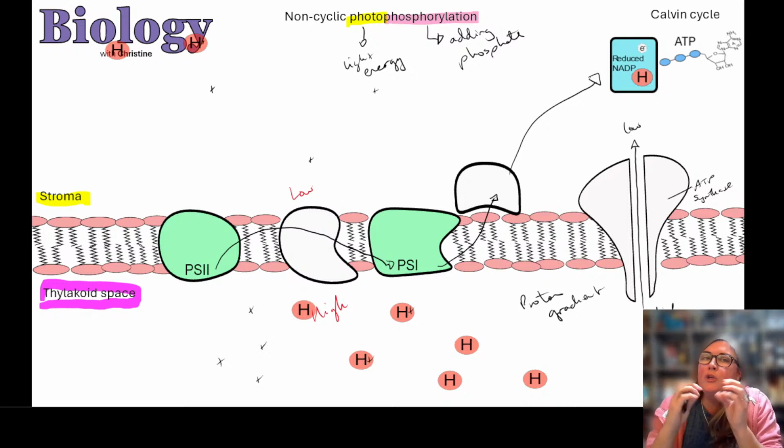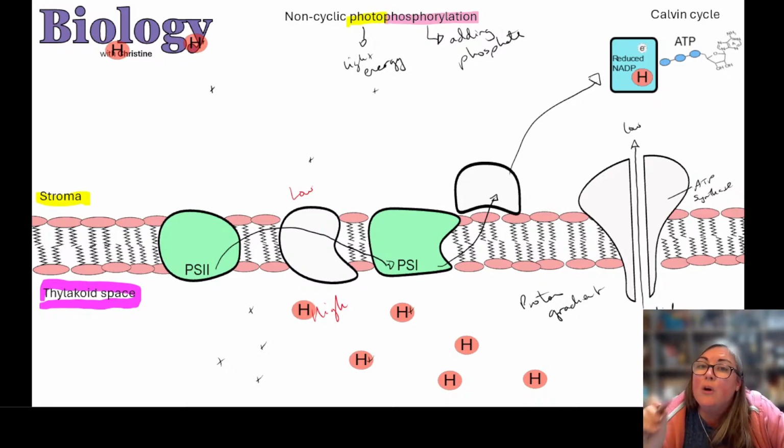So the two products of the light dependent reaction that are needed in the light independent reaction are reduced NADP and ATP. Electrons get accepted by final electron acceptor, which is oxygen.